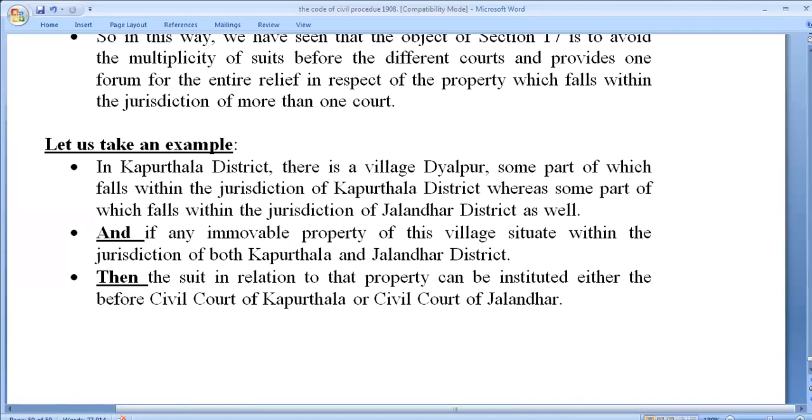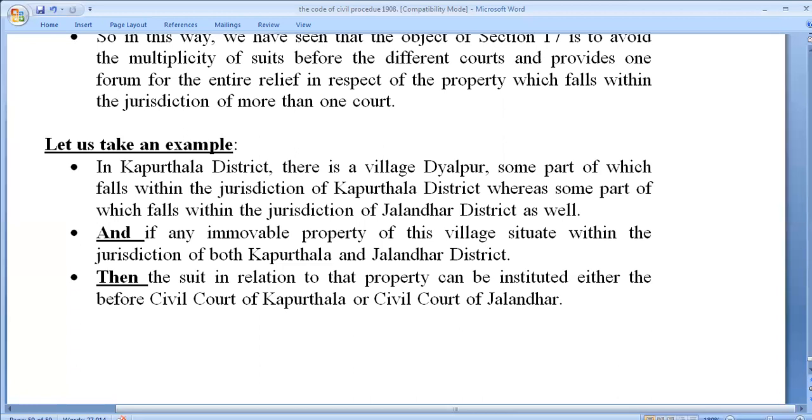And suppose any immovable property of this village Dayalpur situates within the jurisdiction of both Kapurthala and Jalandhar district courts, and if any dispute is made out of that immovable property, then where should we file the civil suit in relation to that immovable property? Whether the civil suit has to be filed in Kapurthala or whether the civil suit should be filed within the civil court of Jalandhar.